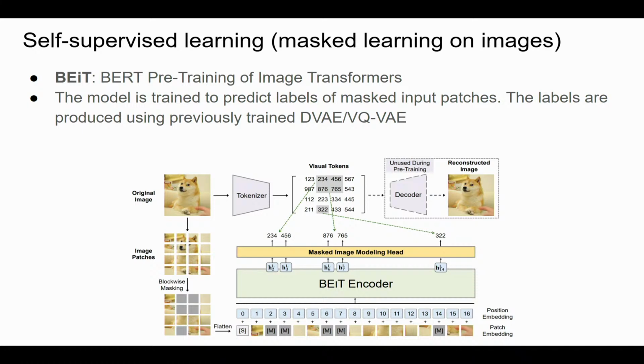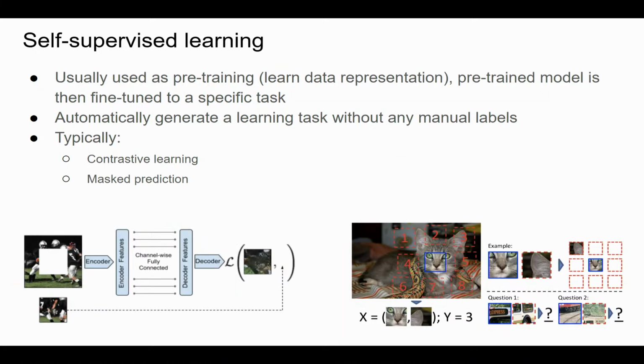And especially in speech, I always look at the methods which do self-supervised pre-training in speech, the data sets are huge, and they have to be. So that was masked pre-training.